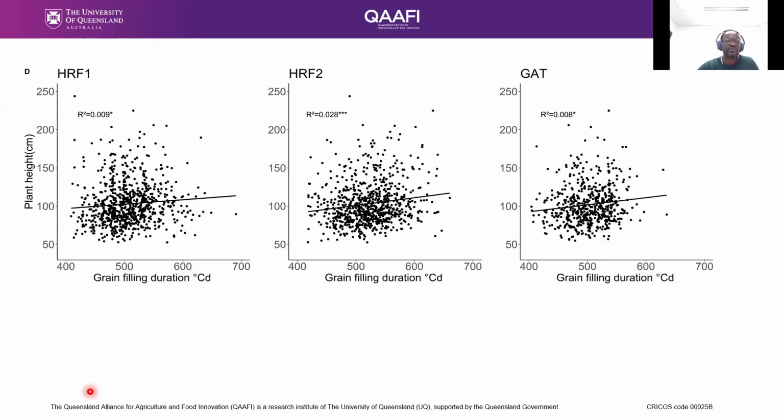And lastly, we looked at the plant height, which is an important trait for many hybrid breeding programs. They have a limit for this plant height because of commercial large-scale mechanized harvesting. And we saw that there is a positive correlation, yes, with flowering, with plant height, but we can modify grain filling duration without penalties to plant height.